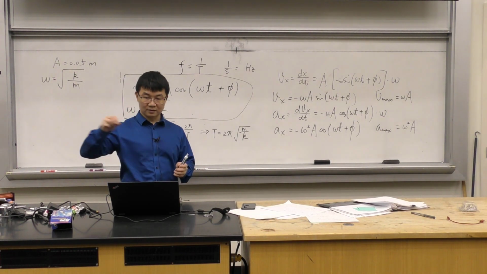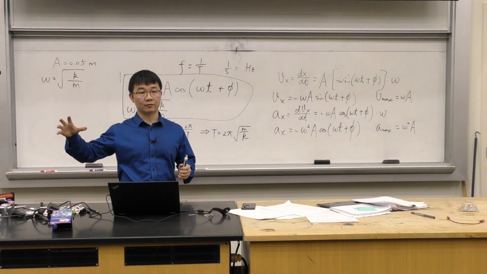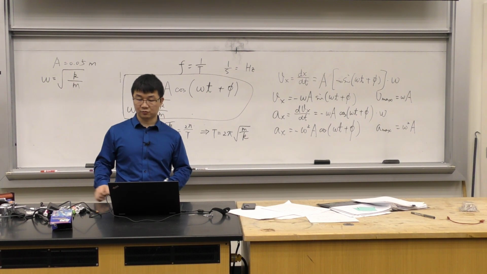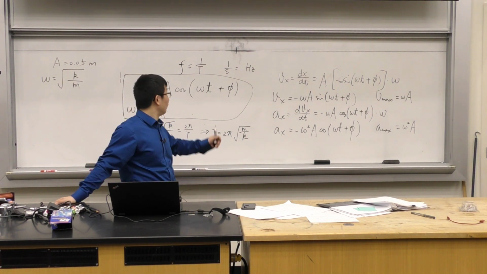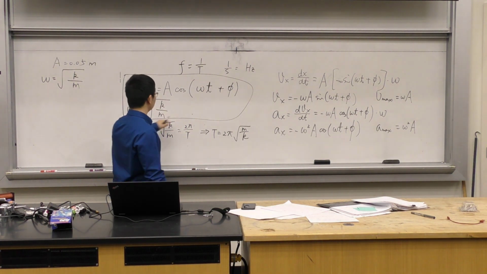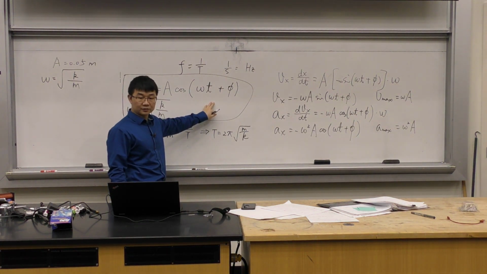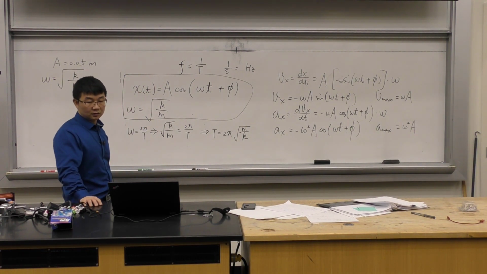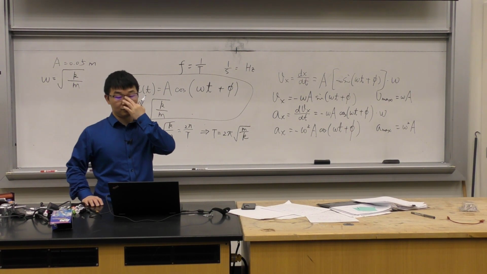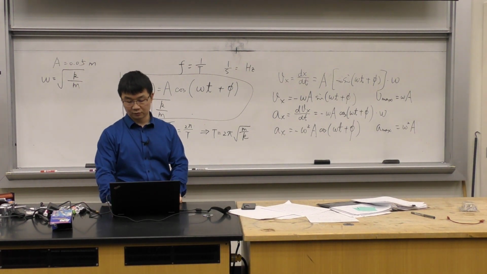So we pull it to maximum, then start time. So that's going to make this phi 0. All right, so all you need to do is plug the time in, 3 seconds. You can find the displacement of this position, this oscillator. All right, pause the video, try this with your calculator.